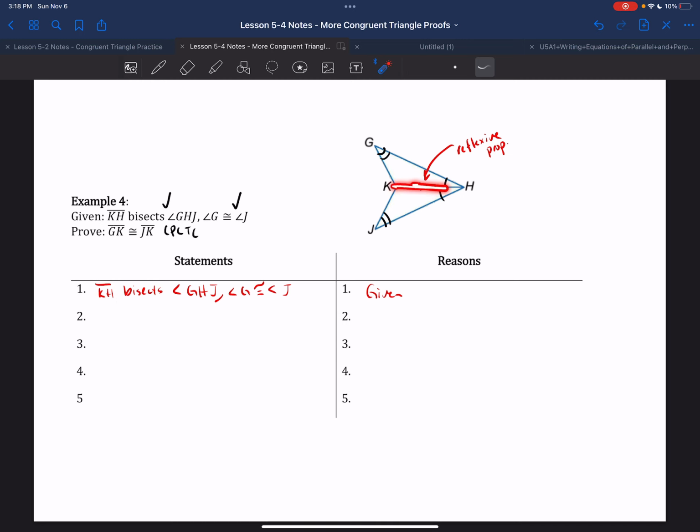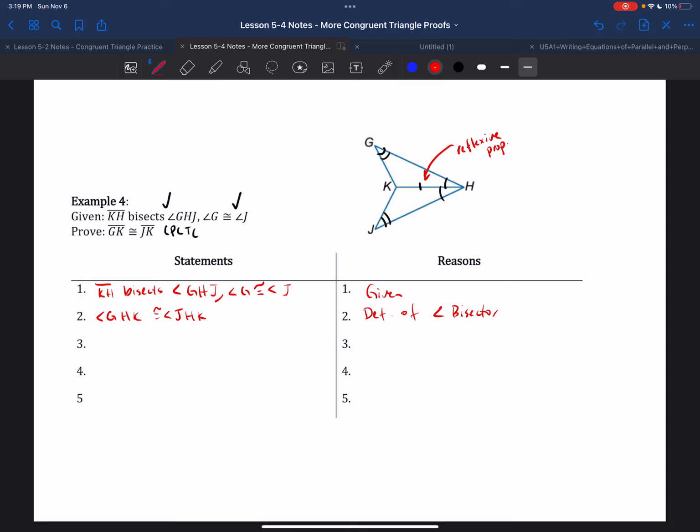Well, here's KH, and it splits the angle into two congruent parts, right? Here's my angle, and then here's my other angle. So we can say that angle GHK is congruent to angle JHK. And that's because of the definition of angle bisector.